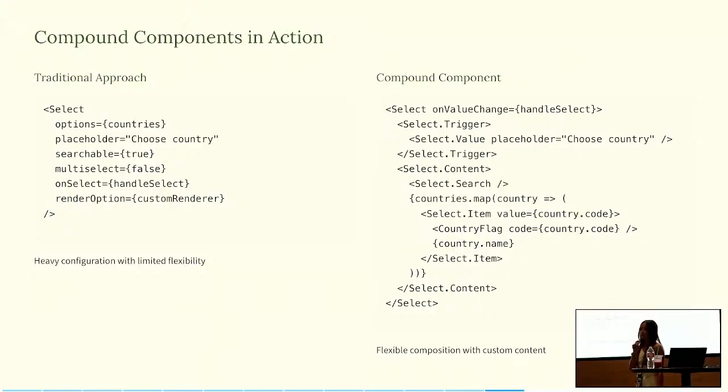You have your trigger, which handles that one functionality, and select.value is just what is displayed in your trigger, that placeholder, that one prop, and then select.content. Content does one thing, search does one thing, and again, everything has one thing that it does really well.